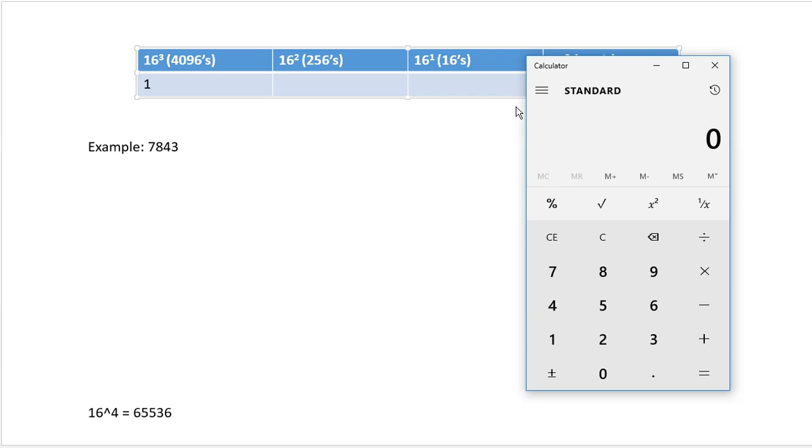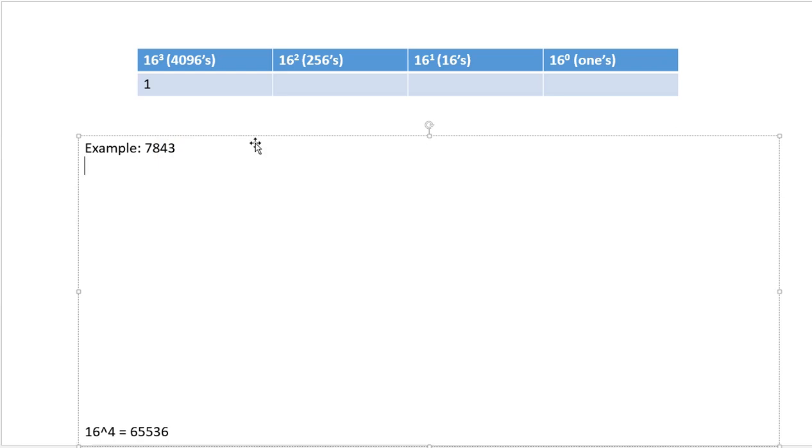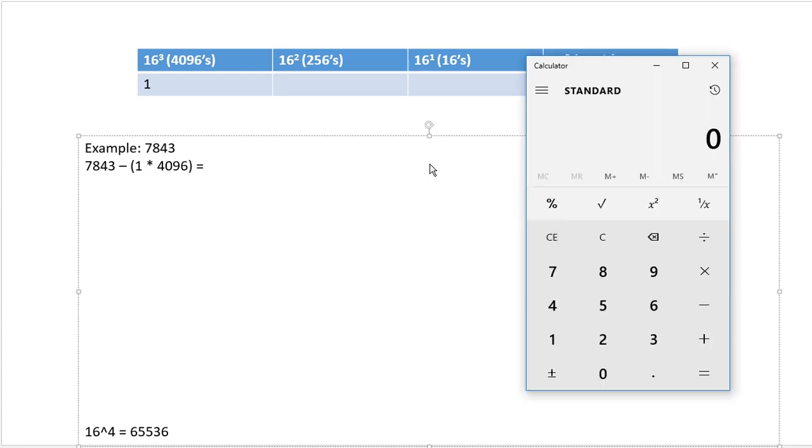So if we go 7843 minus 1 times 4096, that is going to leave us with 3747.